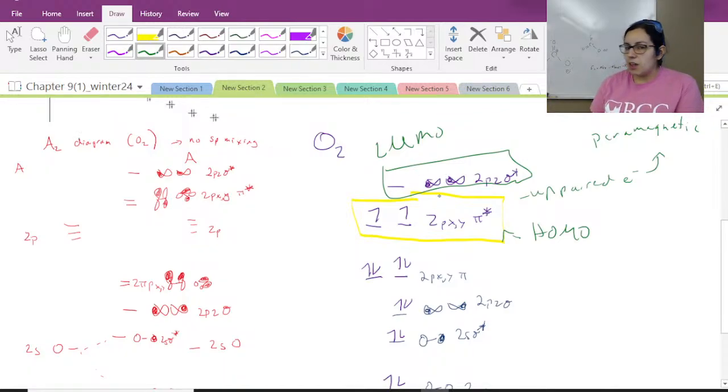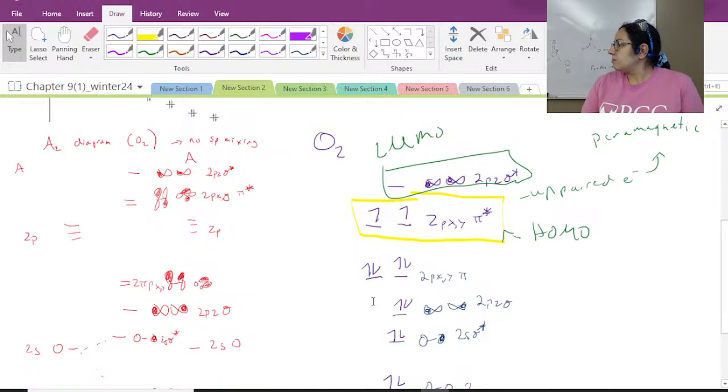So sometimes if you were trying to figure out, well, can O2 itself be a ligand and bond with something, then you would look at the LUMO or HOMO, right, and try to figure out how it might interact. So the LUMO could maybe accept electrons, and the HOMO, well, it has 2 maybe to accept, or it could try to donate those 2, again, if your MOs are aligned.